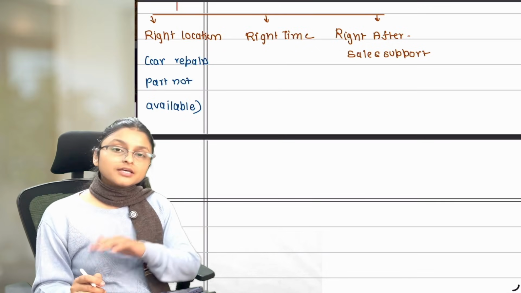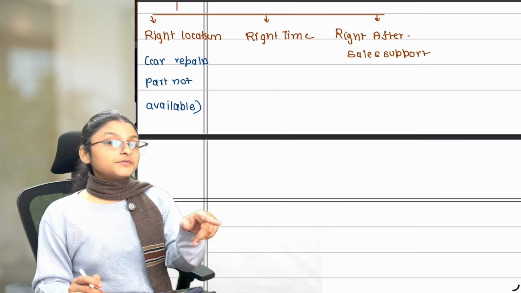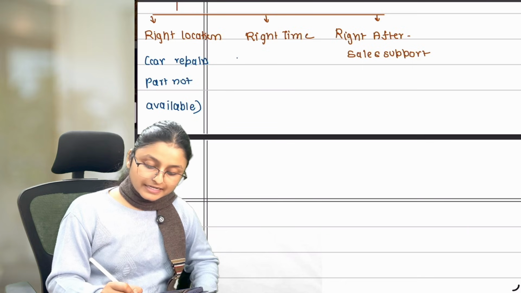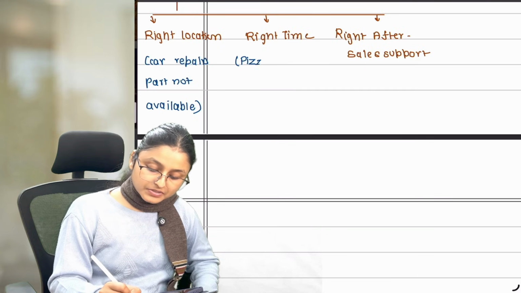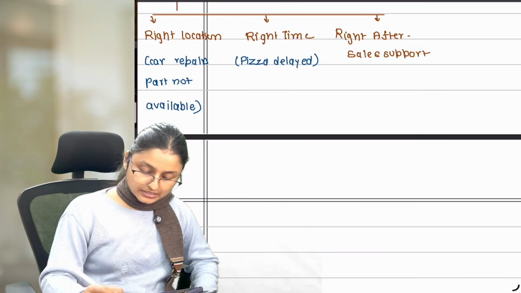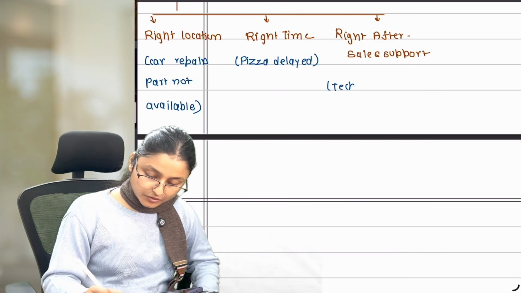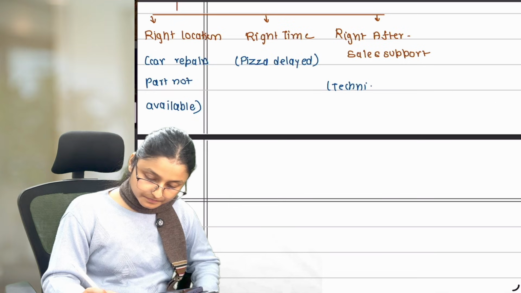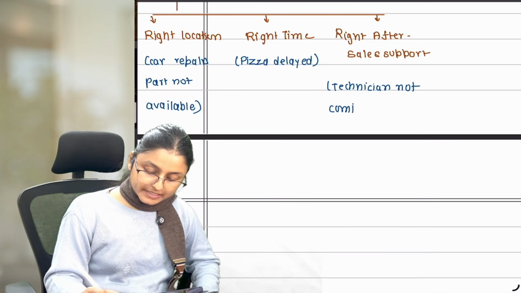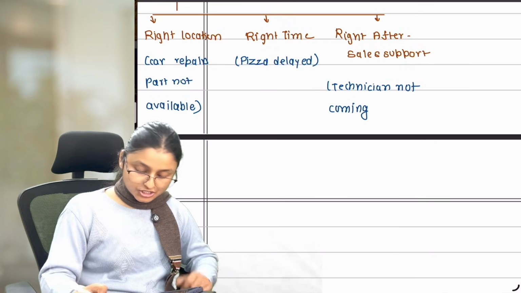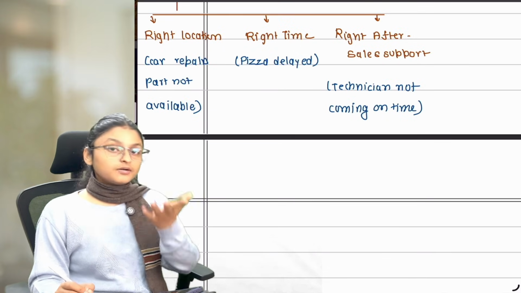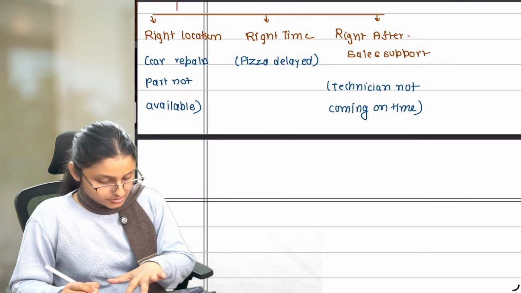This is for summary so that we can revise everything one day before the exam, and that is why we are writing everything in short here. In right time, we have seen the example of pizza getting delayed. In right after sales support, we have seen the example of a technician not coming on time. The home heating system got damaged and the technician was not coming on time, and hence after sales service is not provided and customer satisfaction diminishes.